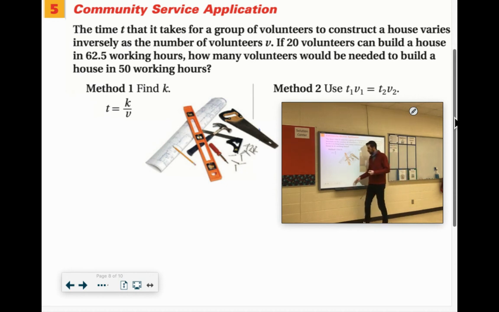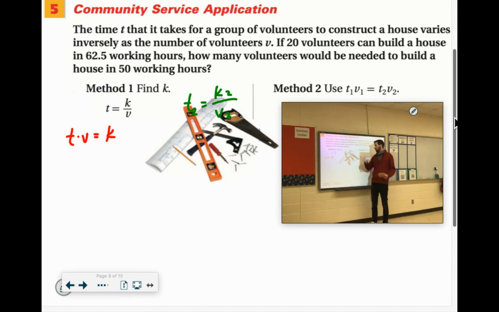So if we were solving for k by itself, for the first group of people building this house, we would multiply by v. So t times v would equal k. Now, if we were to do the same for the second group of people, t sub 2 equals k sub 2 over v sub 2, right?